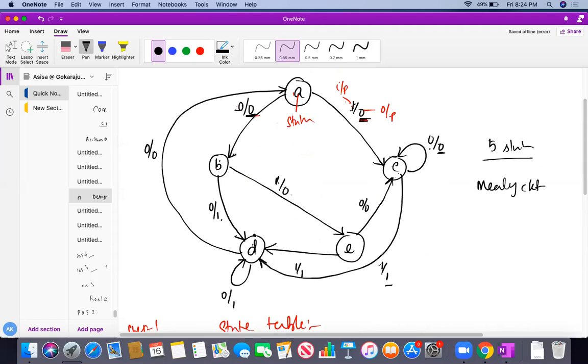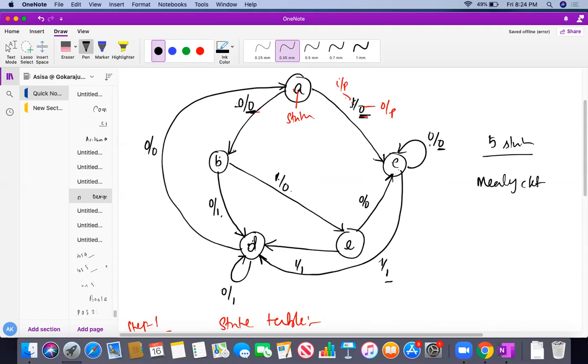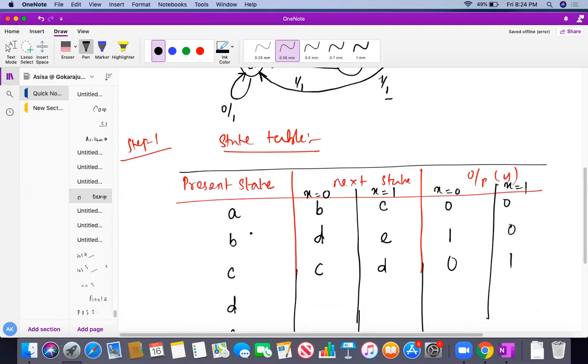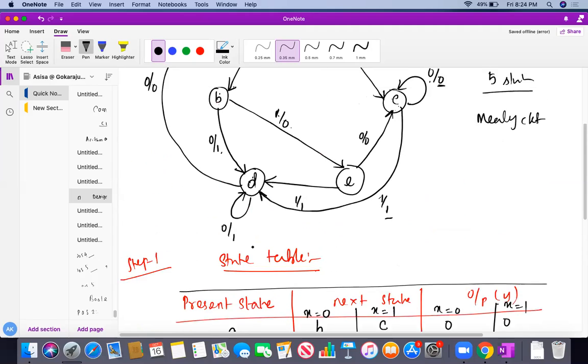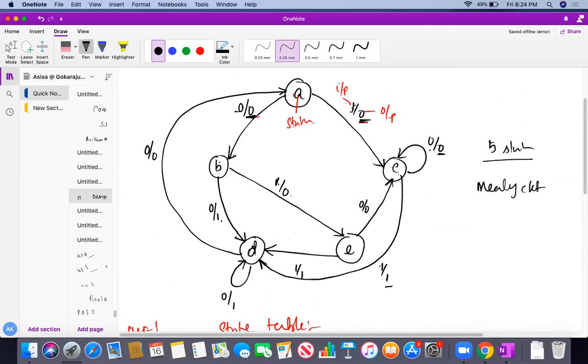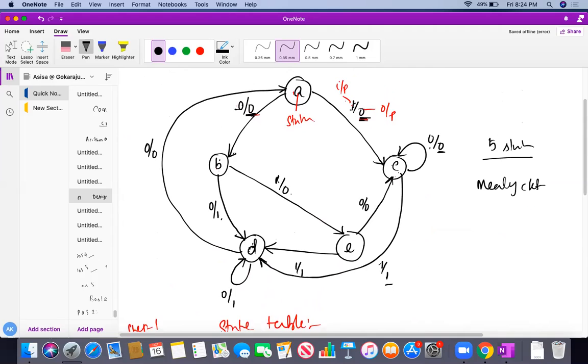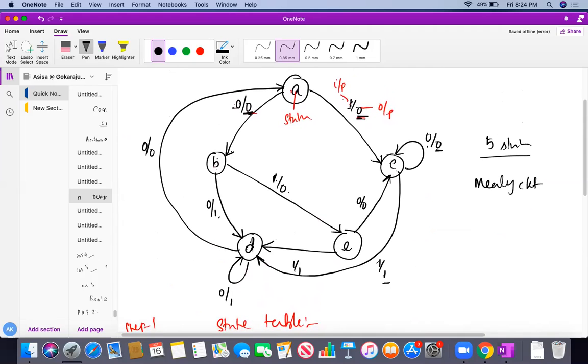Understand? Now at my present state D, for input 0, I am at the same state D. For E, what is given? 1 by 1. Okay.